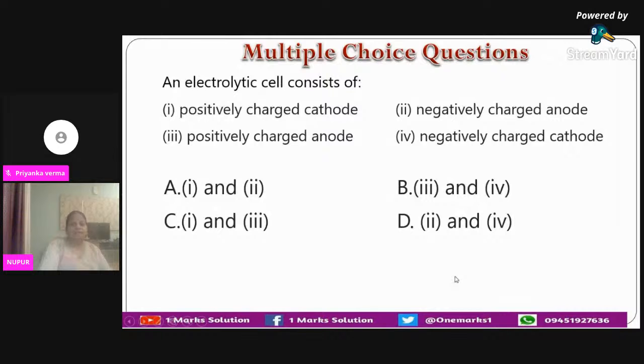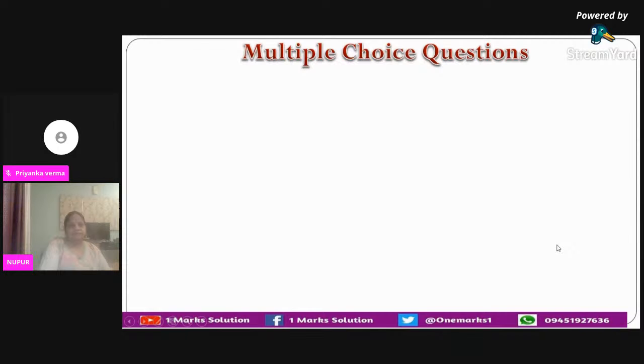So in this way we have been given some choices. The answer is B, that is 3 and 4. The anode is positively charged and the cathode is negatively charged. So this is the only correct solution.